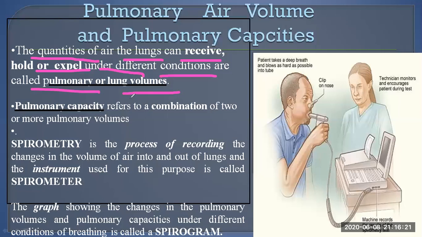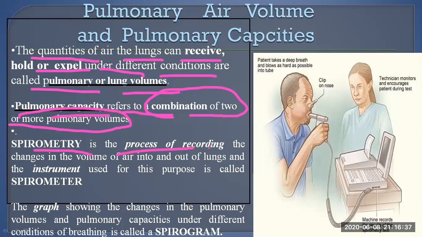And what is the pulmonary capacity? Pulmonary capacity refers to the combination of two or more pulmonary volumes, so that is called the pulmonary capacities. And spirometry is the process of recording the changes in the volume of air into and out of the lungs, and the instrument used for this purpose is called the spirometer.